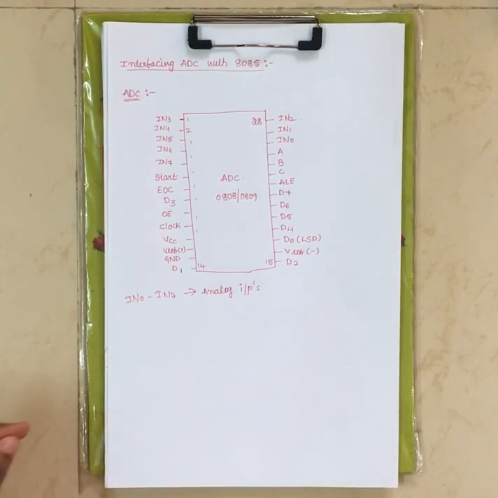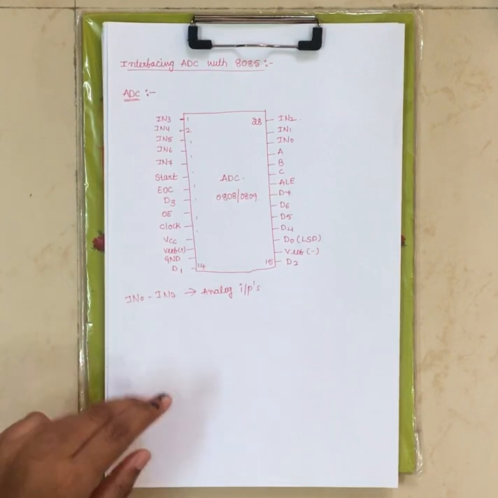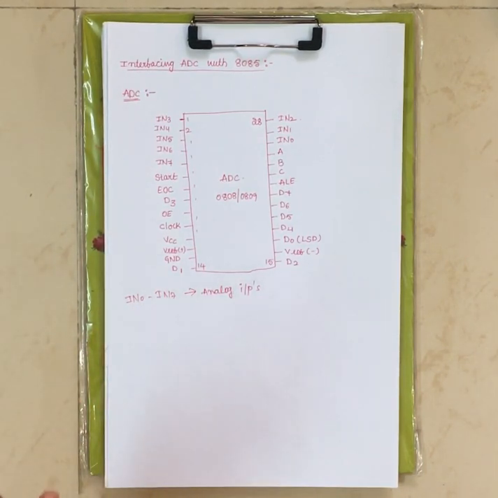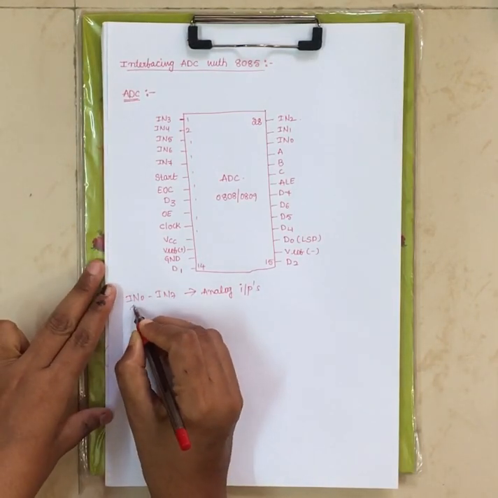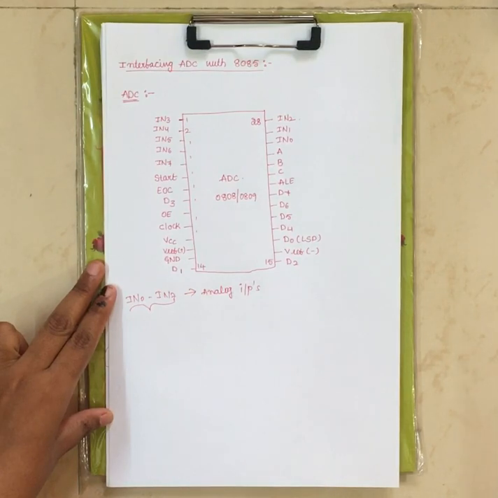At a time you can't provide 2 inputs at the analog input pins, only one. Among these 8 analog inputs, one particular pin is selected, either IN0 or IN1 or IN2 and so on up to IN7.